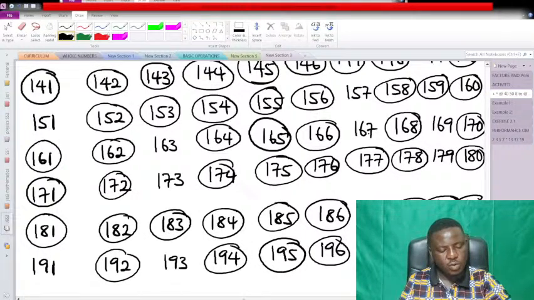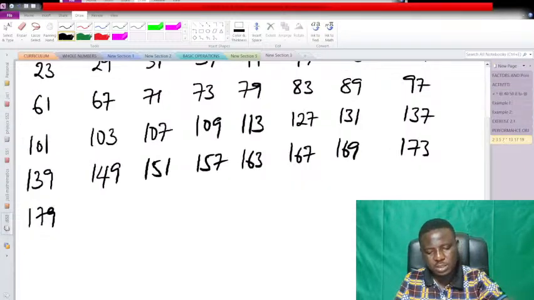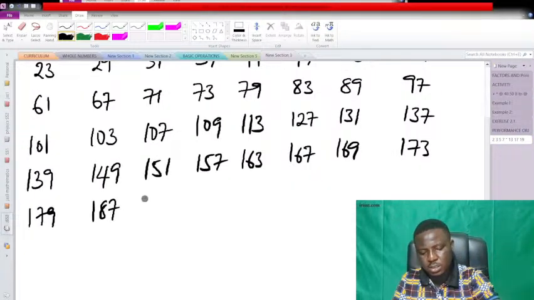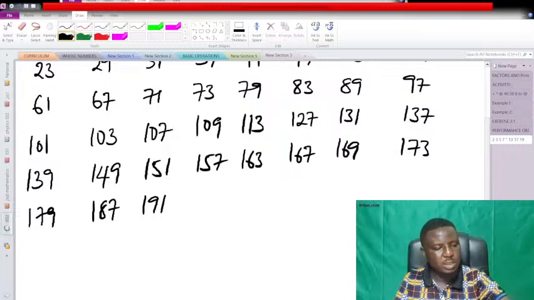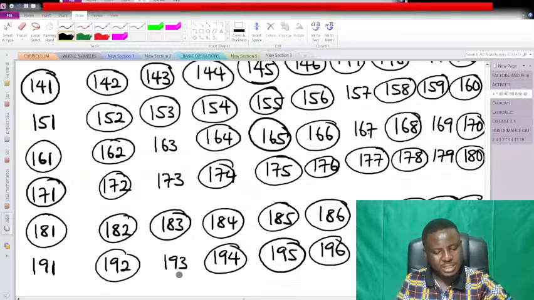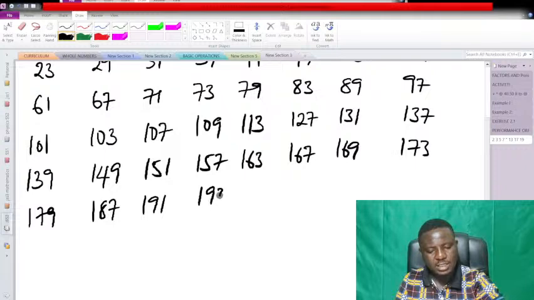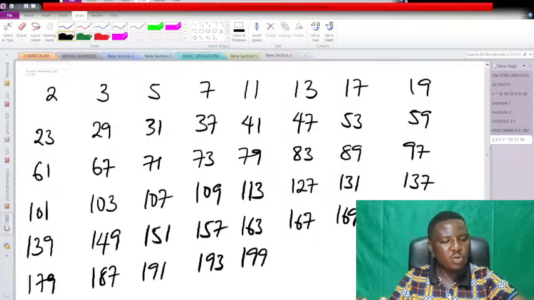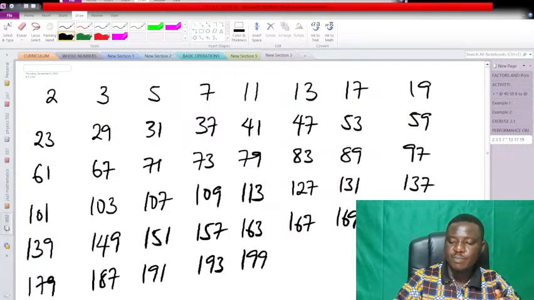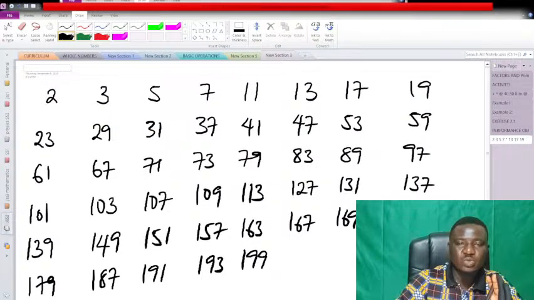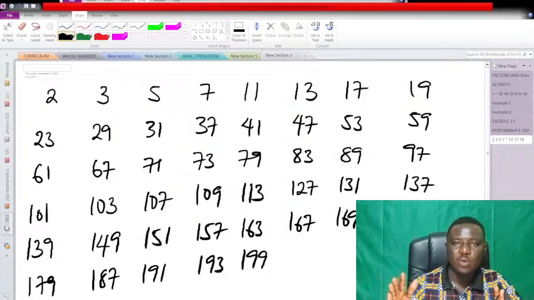Then I have 187, 191, and I think it's 193, 193 and 199. So these are all the prime numbers that we have between 1 and 200.